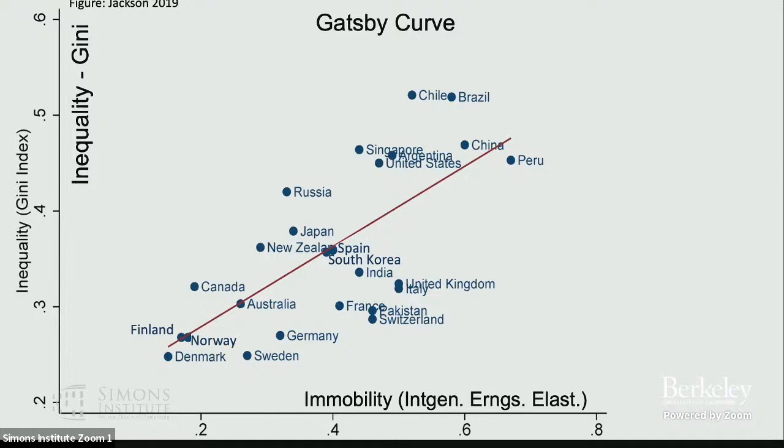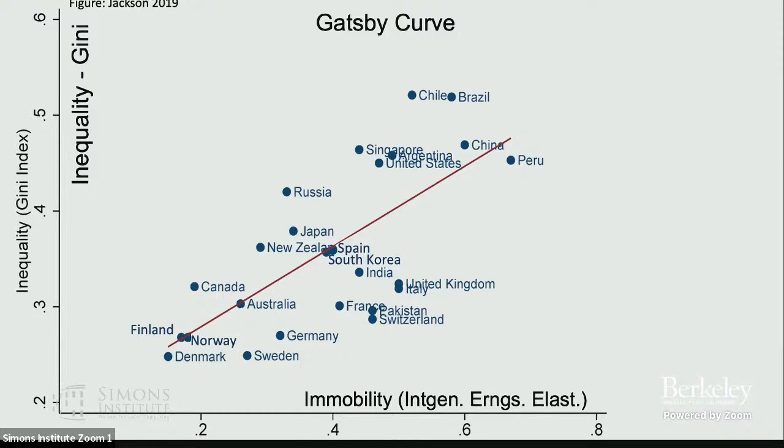Immobility is the chance that a child looks different than the parent. So immobility is the correlation between a child's income and a parent's income. In particular, it's a coefficient on a log-log regression, so it's basically a correlation coefficient of how correlated a child's income is with a parent's. A really high correlation means that once I see your parent, I know how you're going to end up in your future.